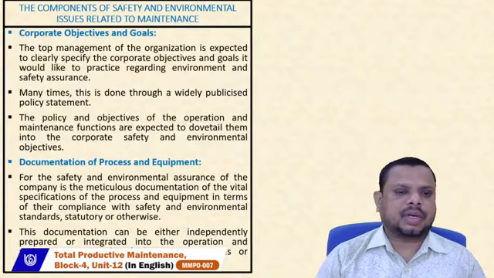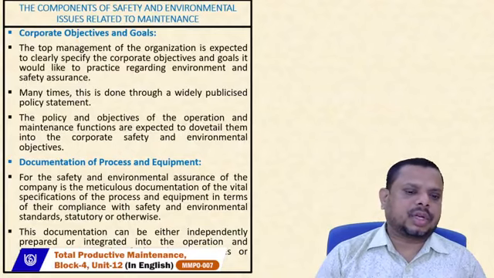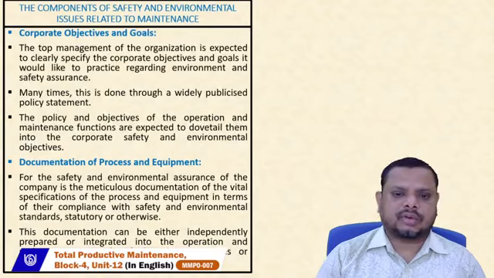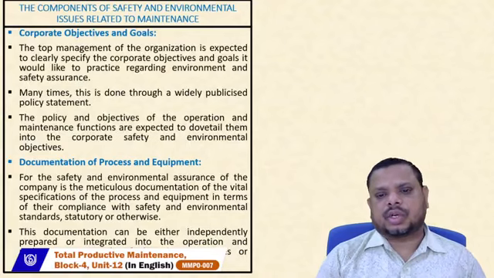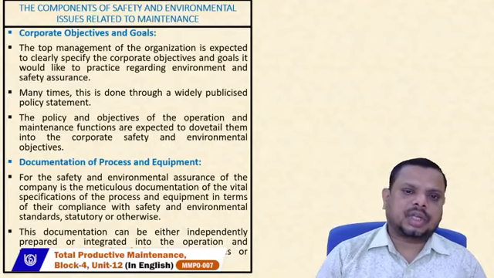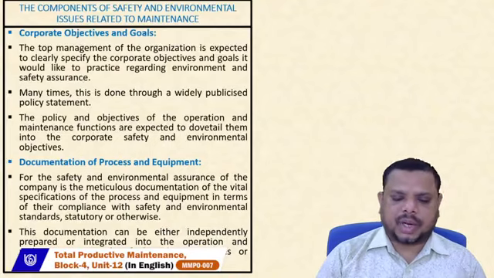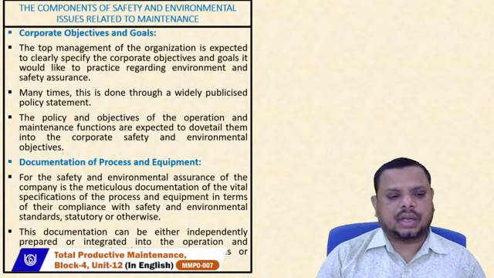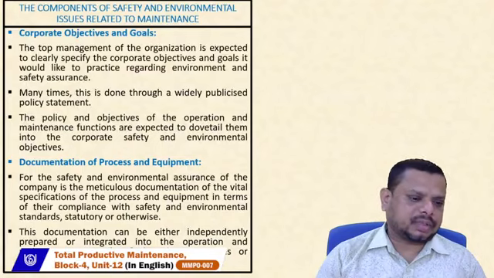So in case of an environmental standard, for example, the company wants to go for ISO 14000. ISO 14000 simply defines the environmental management systems. So whether your equipment is compliant with this kind of standard, these are simply documented by the different levels of departments.